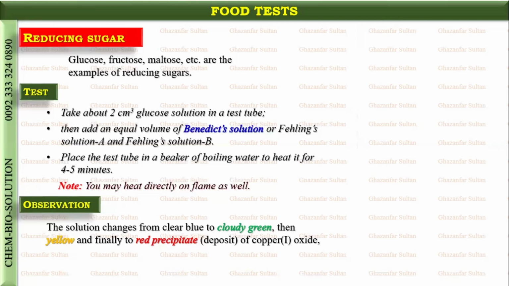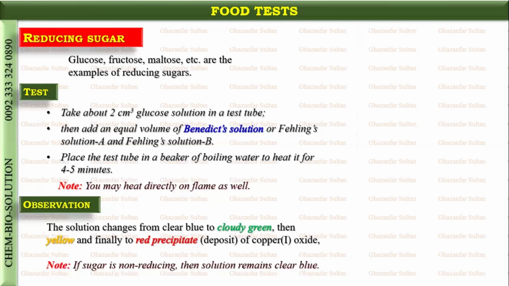So copper 2 ions, where copper has a 2 plus charge, are converted into copper 1 ions. That is the reduction of copper 2 ions into copper 1, and they form the oxide. As a result, we obtain the cloudy green, yellow, or red precipitate.